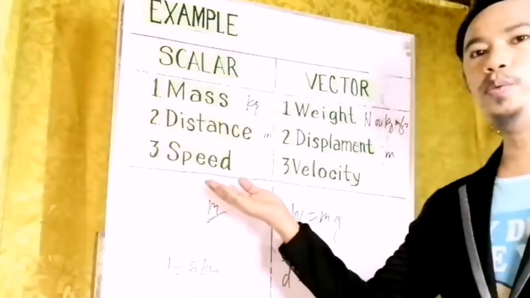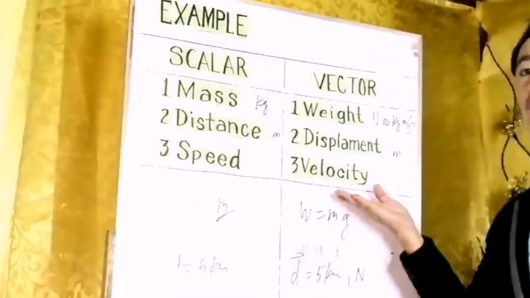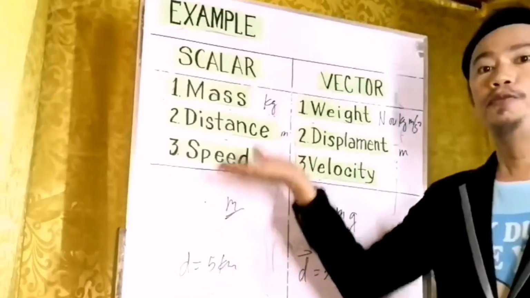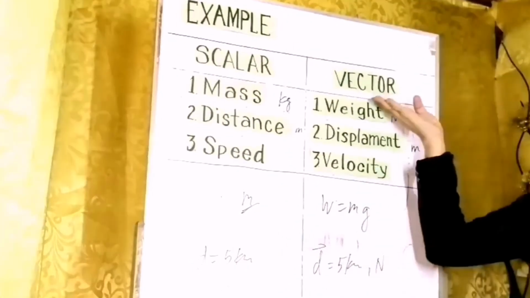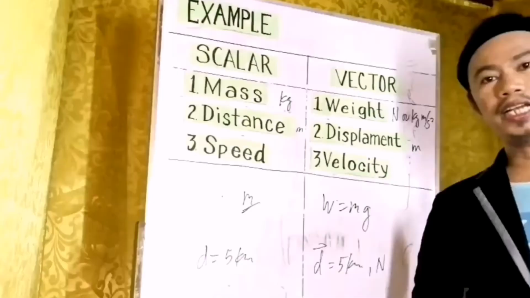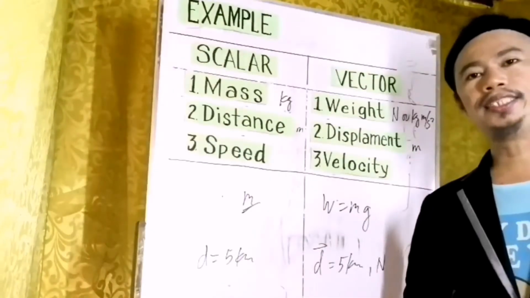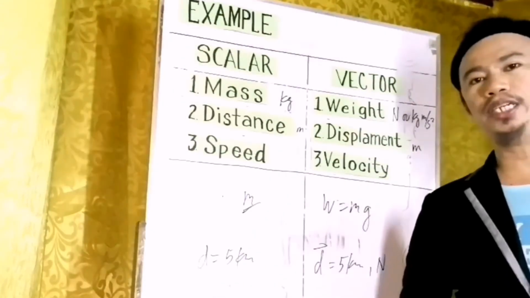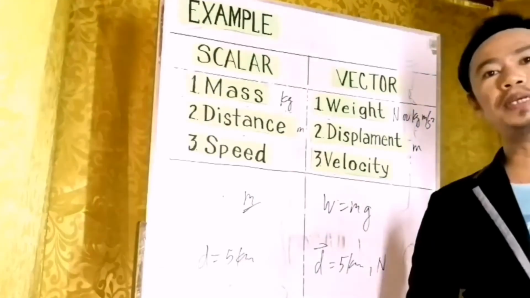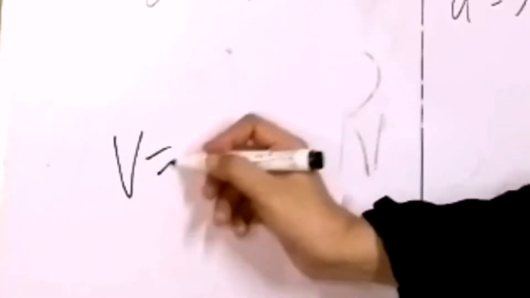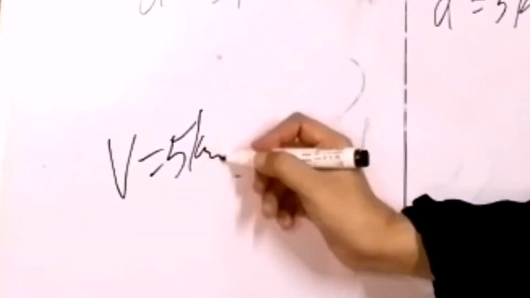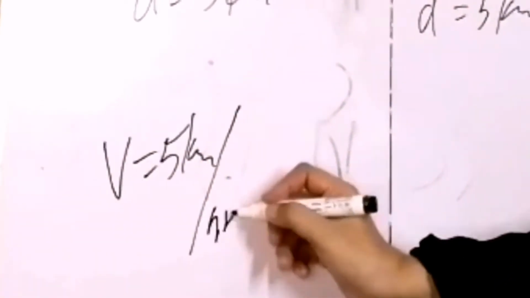For the third example, we have the speed and velocity. Speed for the scalar quantity, velocity for vector quantity. So for the speed and velocity, let's have the value or the magnitude and direction of the physical quantity it represents. For example, v is equal to 5 km per hour.